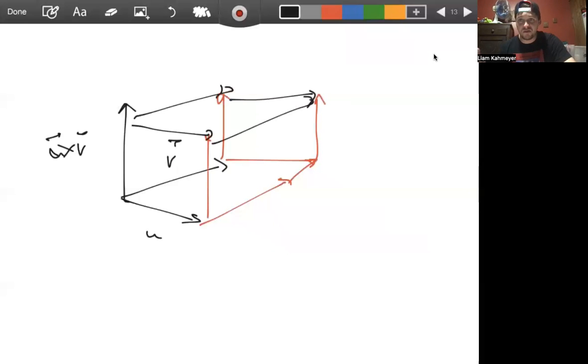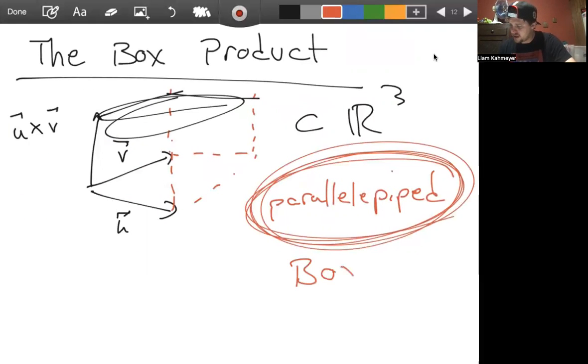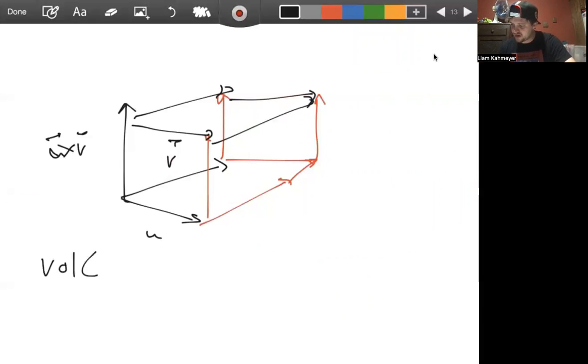And what you can see is we have a 3-dimensional analog of a parallelogram, and we call that a parallelepiped. Let's just call it a box. I like that better. And so now we have this box living inside 3 dimensions. And you could ask yourself, what is the volume of this box?